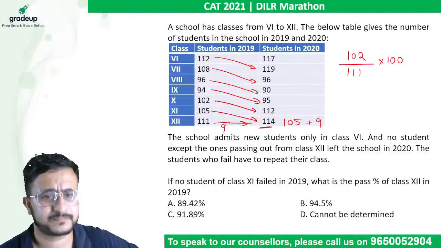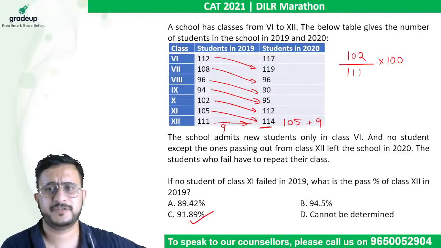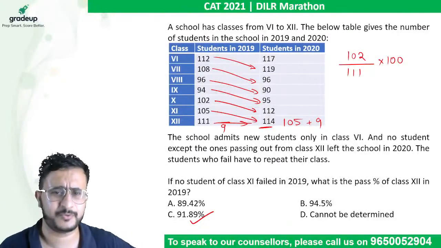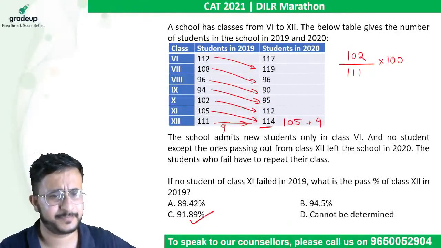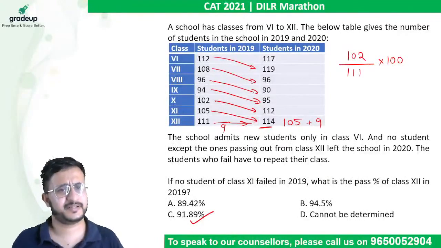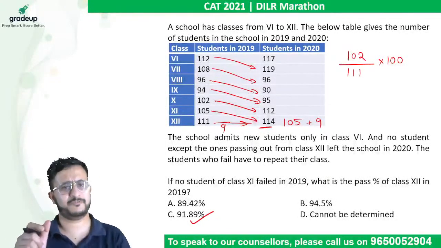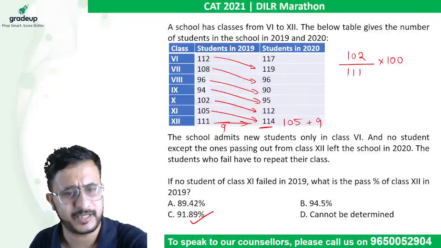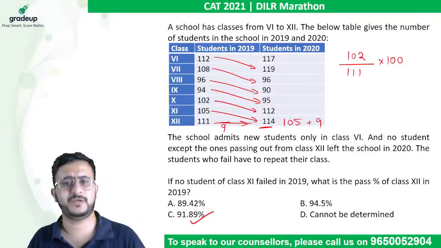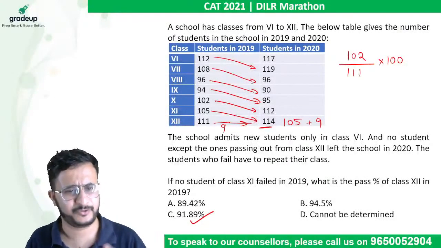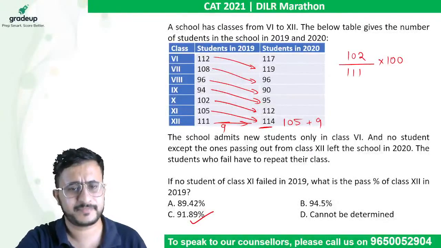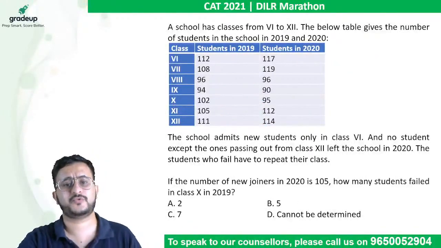Out of 100, 9 failing gives 91%, slightly more than that, 91.89%. You don't have to go into the last digit, but it is somewhere above 91. Understood the logic? Another variety of question which involves good understanding of logic. All right, next question.